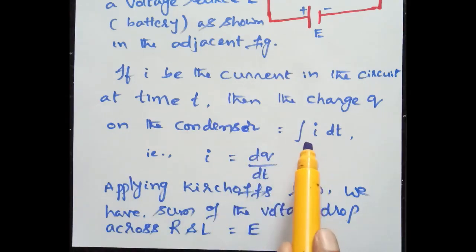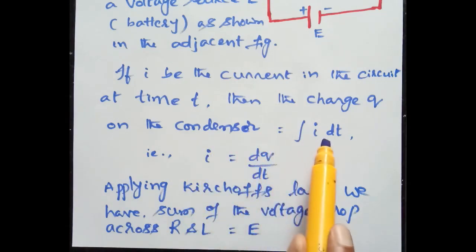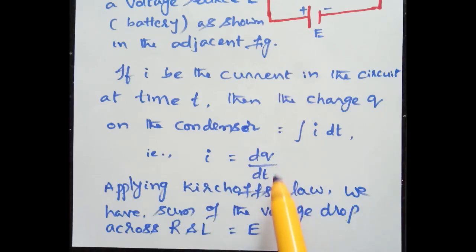There I explained. So q is equal to integral I dt, or I is equal to dq by dt. These are the basic relations.